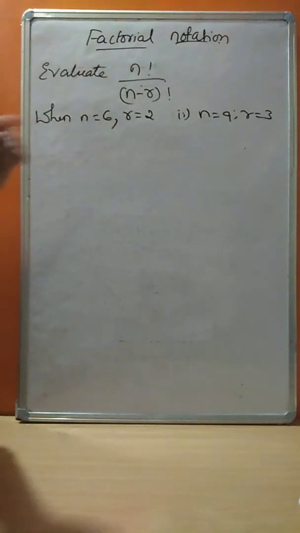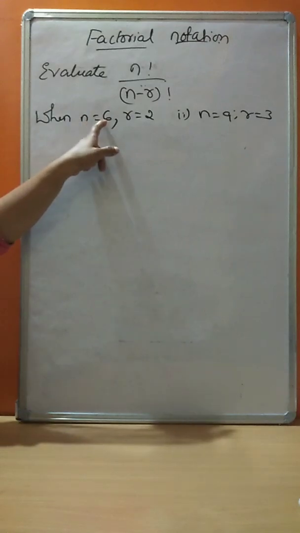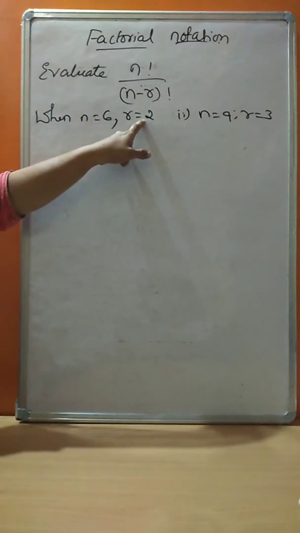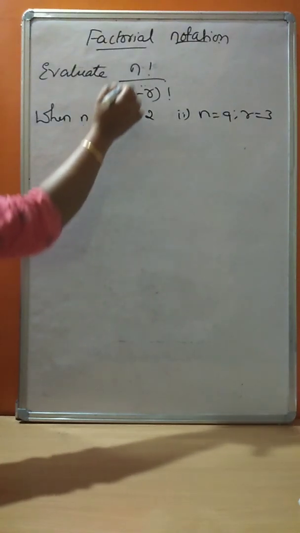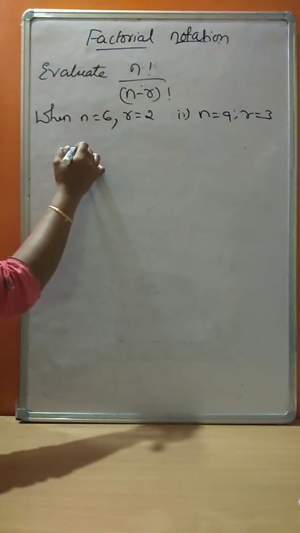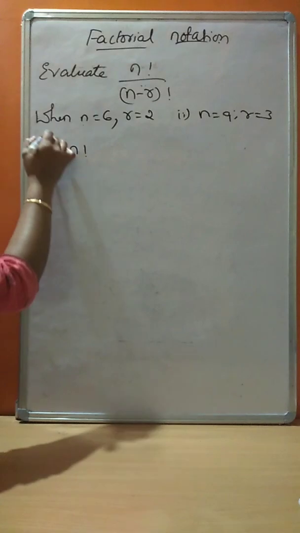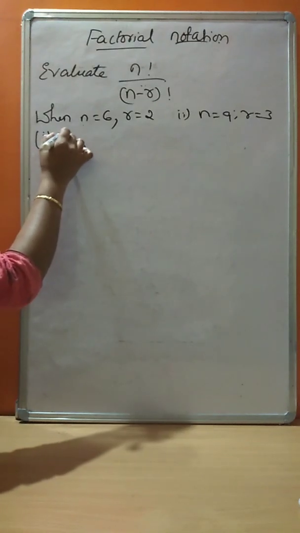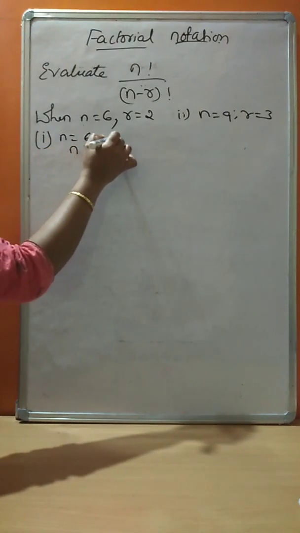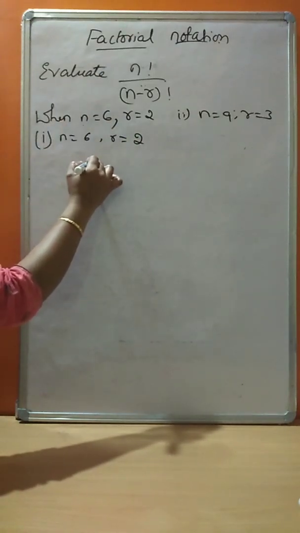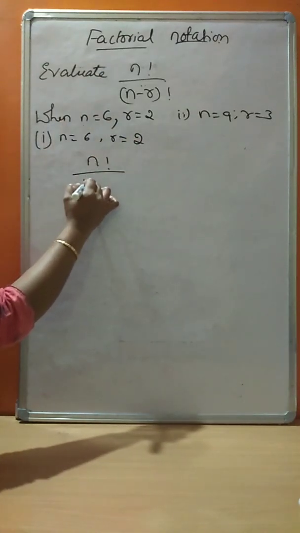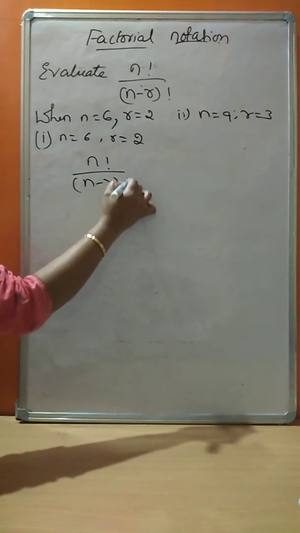But he has given the values: n is equal to 6 and r is equal to 2. So go for substituting the values. First you have to write n is equal to 6 and r is equal to 2. Now apply the formula n factorial divided by n minus r factorial.